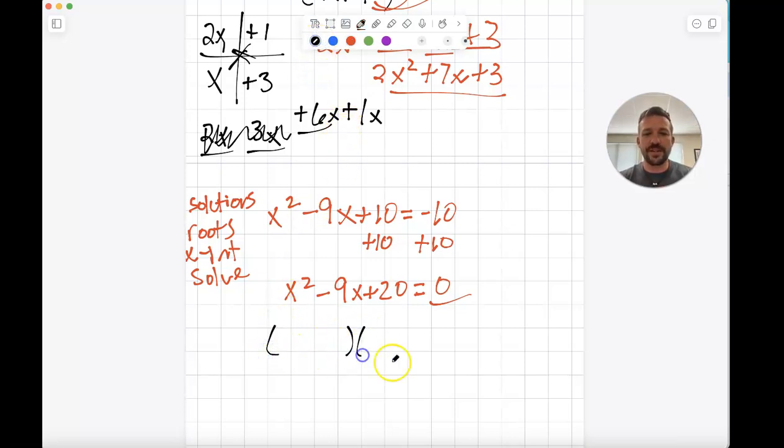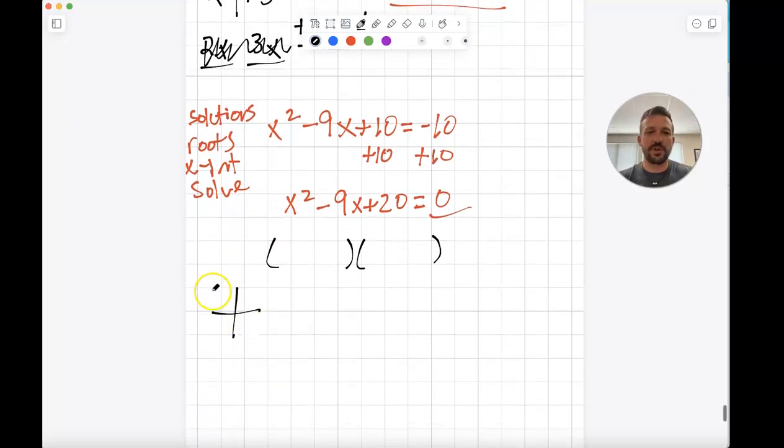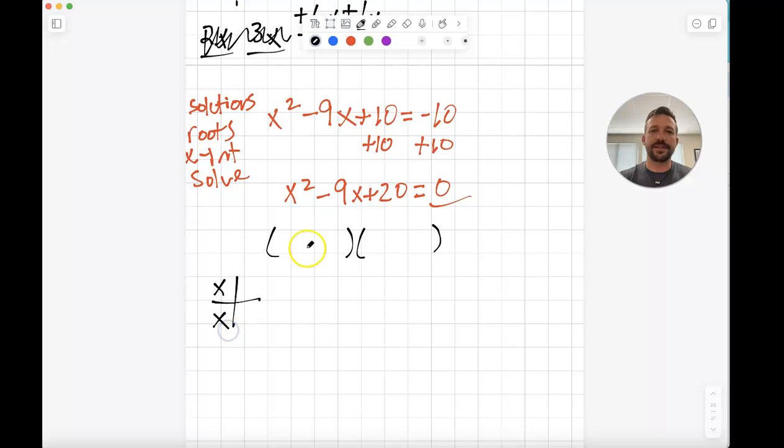So let's factor this thing, and we're going to use our cross method, what I've been showing you. So we're going to have an x and an x, okay? And then we're going to look at our factors of 20. So we got 20 and 1, we got 5 and 4, and we got 10 and 2. Remember, we're trying to pick out one of these that adds or subtracts to this number right here.